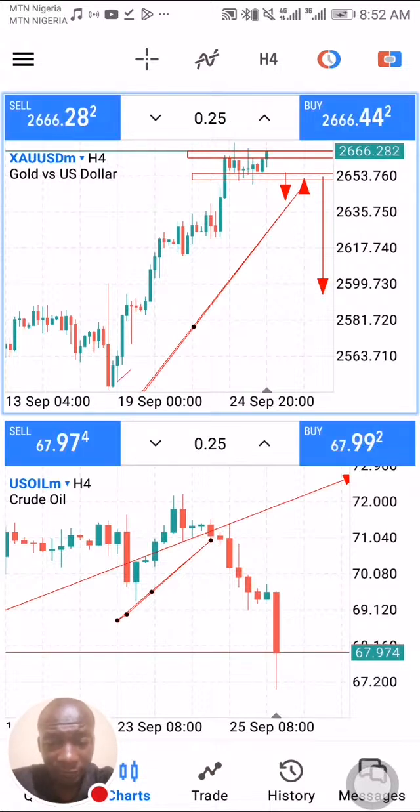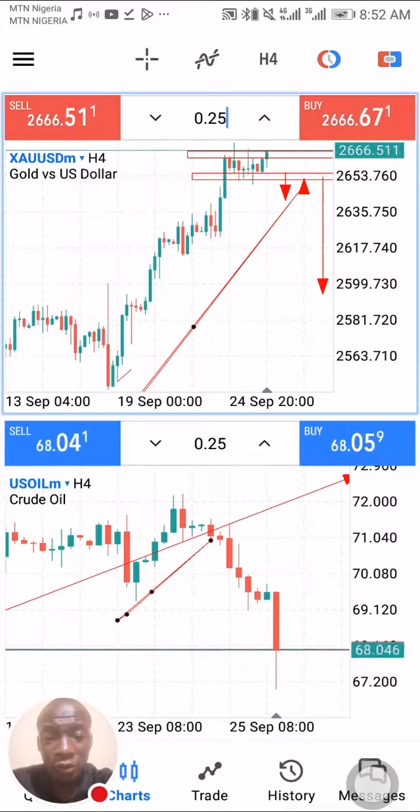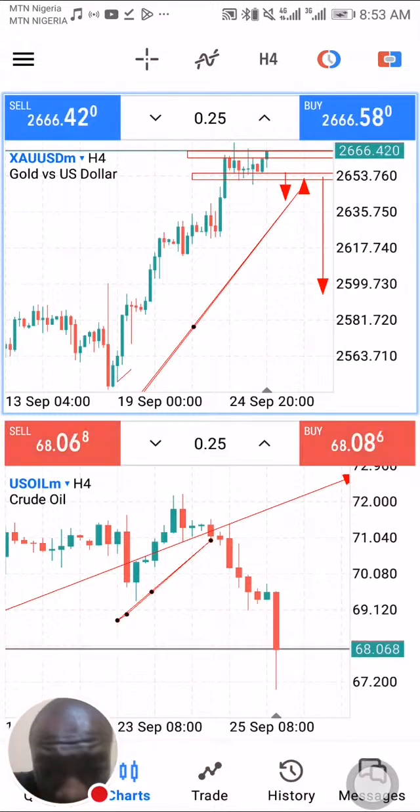If you are up in profit, let's say 5 or 10%, you can adjust your lot size to 0.02 and take a maximum of 2 trades per day. When you're up in profit the next week, you can start risking 0.02 lot size on each trade. So that's how you do it, and it takes time. But if you're trying to flip it in a day, just know that you are just gambling.